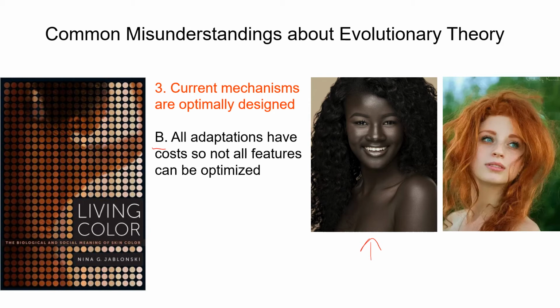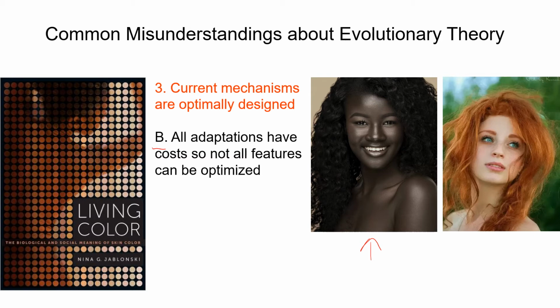So there are benefits to dark skin tone. However, there are costs to dark skin tone, and we'll go conversely with the light skin tone in just a second. The cost is that we need vitamin D to survive, and we get vitamin D by absorbing it from the sun.